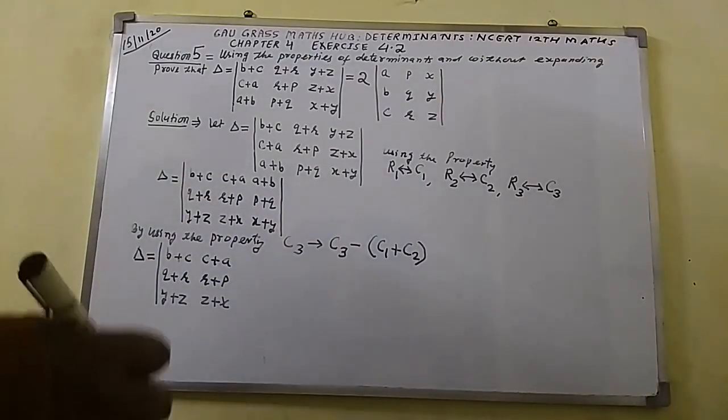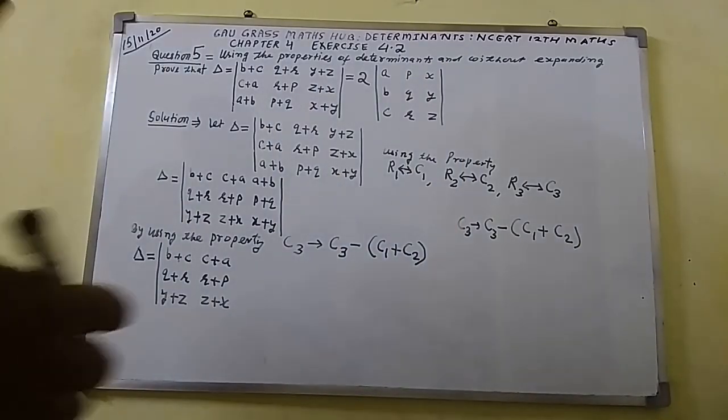Let us see. C3 goes to C3 minus C1 plus C2. So here write C3.